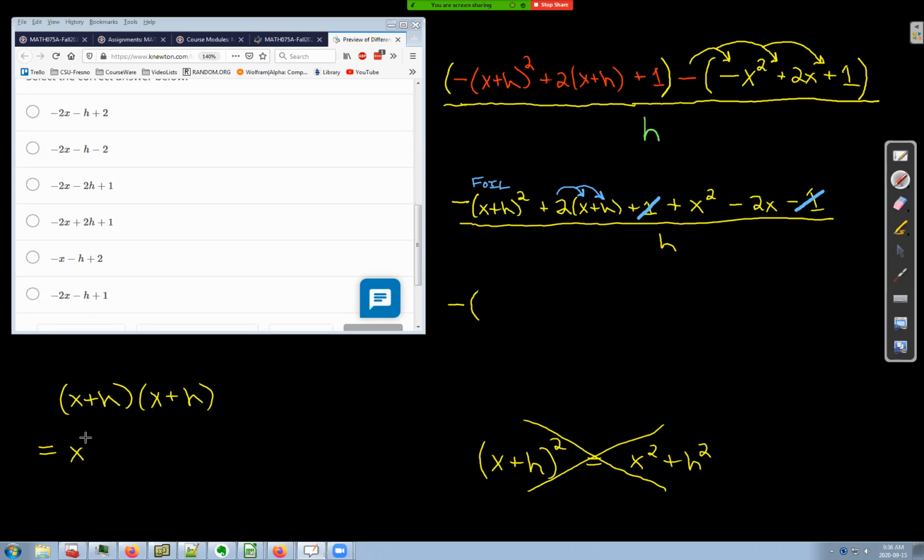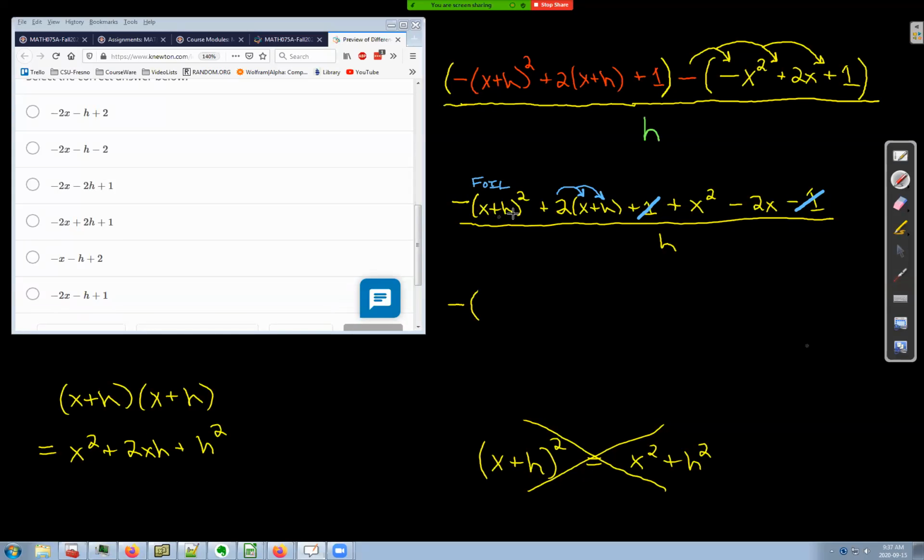And so you get x squared plus 2xh plus h squared. So you do get an x squared and an h squared, but you also get the O and the I in FOIL that give you 2xh. So don't make this mistake, or make it once and then never make it again. Remember that you've got to do FOIL.